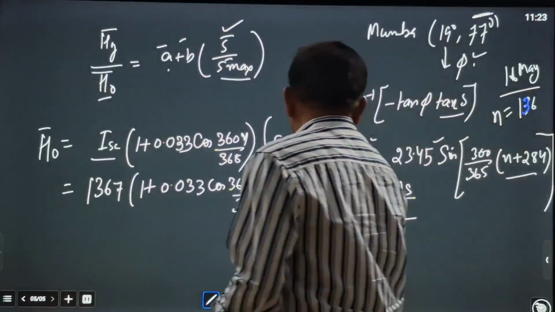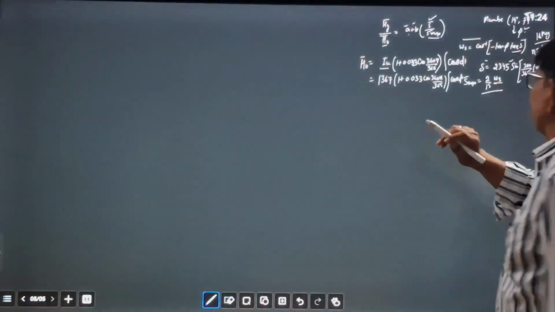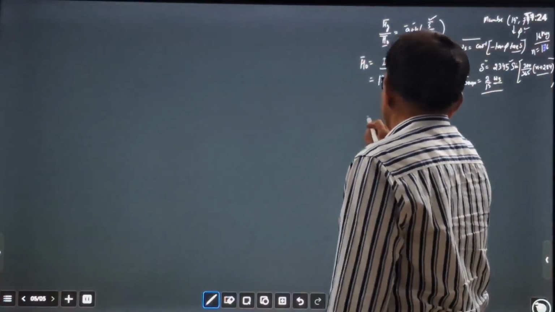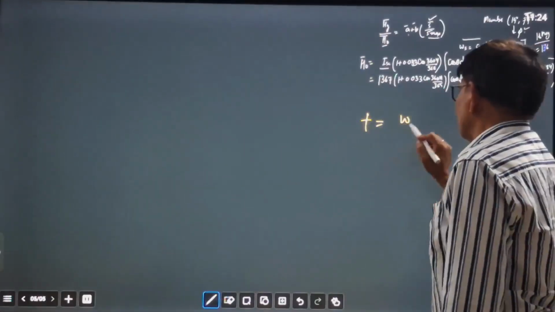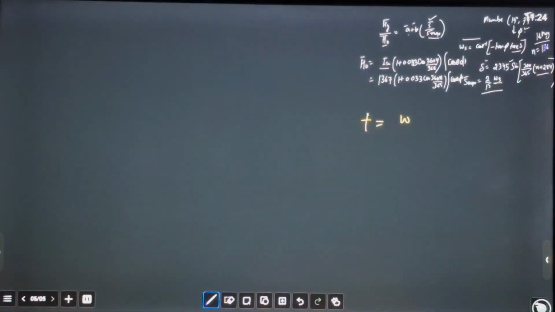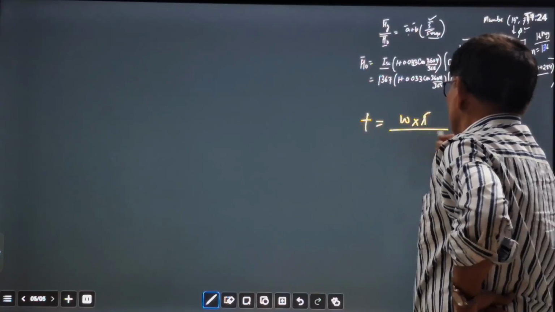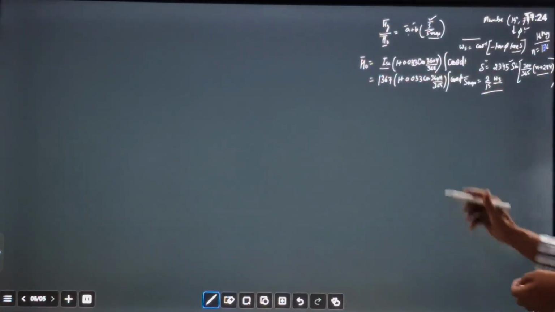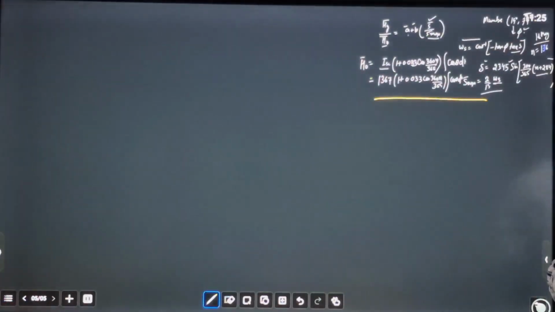So let us see, reducing once again, how, because this theta is not integratable with respect to time. We know that t equal to, as already defined, omega by 15. If omega is given in radians, then t equal to omega by pi times 180 by 15.